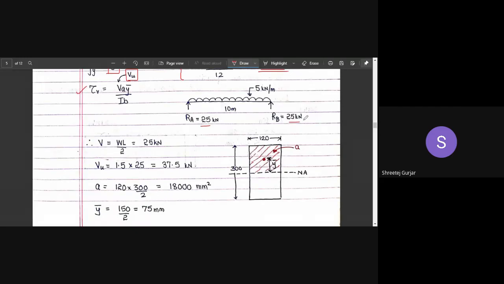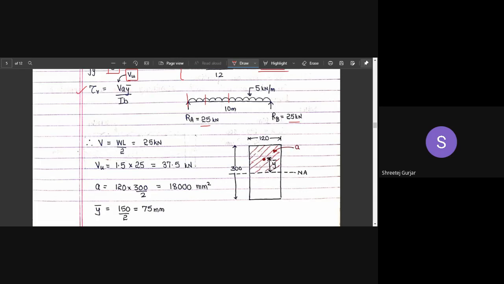So where is shear force maximum in this particular beam? At the center span, at the quarter span, or at the support? Can you tell me? If you remember the shear force diagram, where is the shear force maximum in this beam? Try to answer.